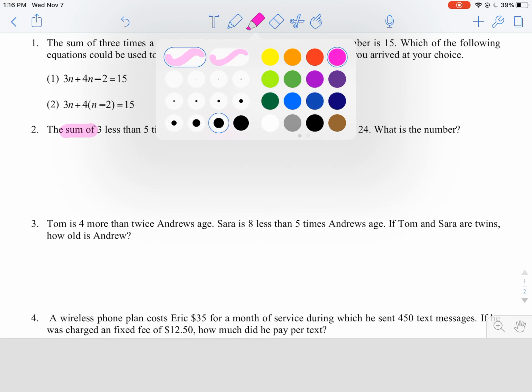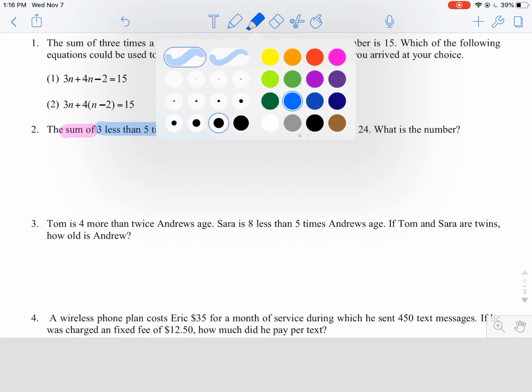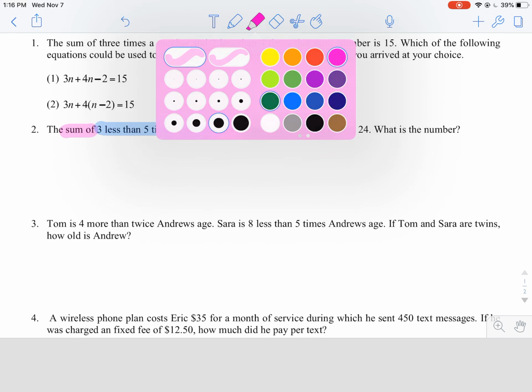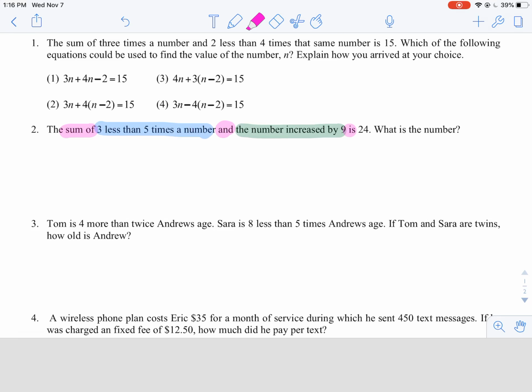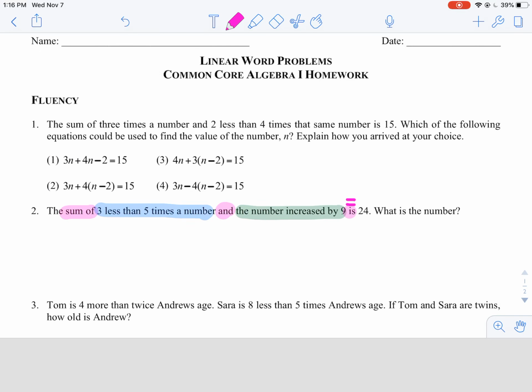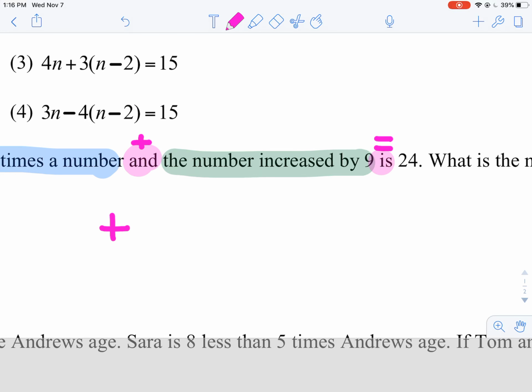So that means we are adding 3 less than 5 times the number to the number increased by 9. And when we do that, you get 24. So that equals 24. When you see the word is, I want you to think equals. When you see the word sum, I want you to look for and think of plus. So we've got something plus something equals 24.